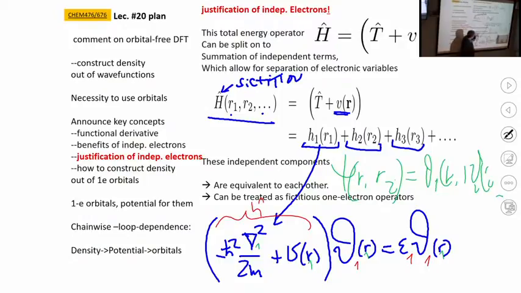Therefore, each of these little Hamiltonians and each of these sets of solutions for these one-electron orbitals will be the same. They are equivalent to each other.